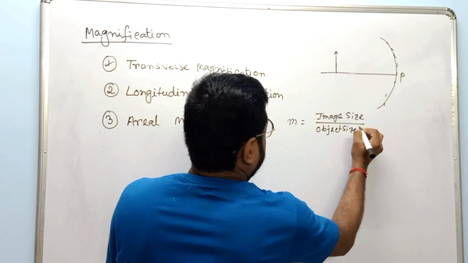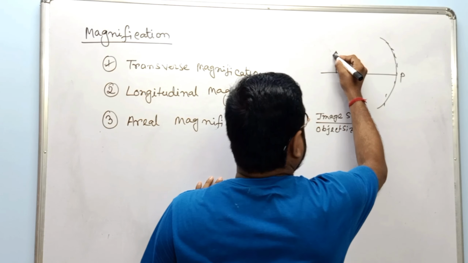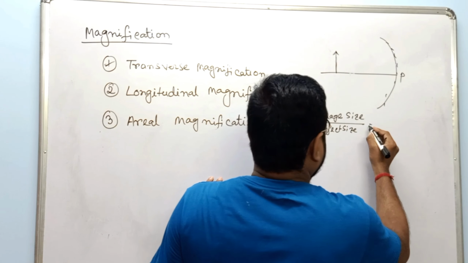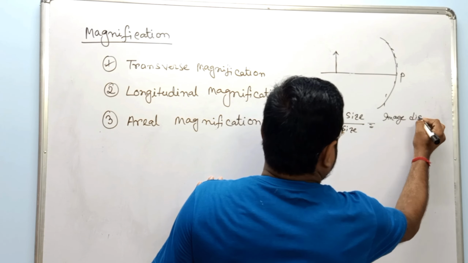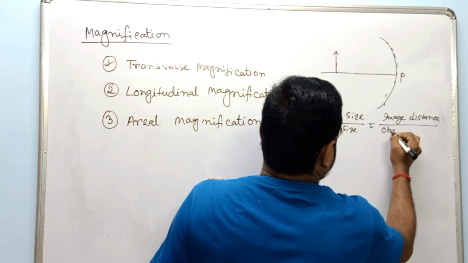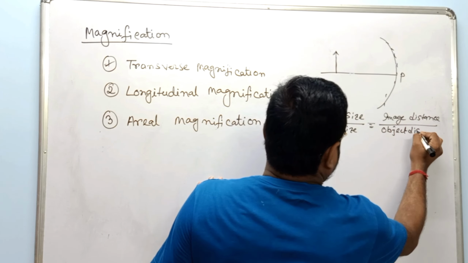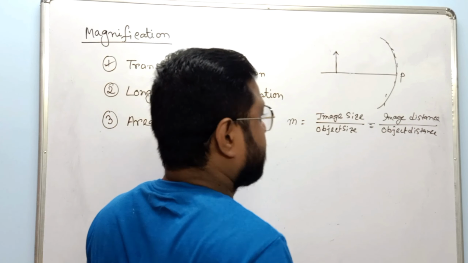Or we can say here we go with transverse magnification, when the object is placed perpendicular to the principal axis, it is said to be image distance by object distance.